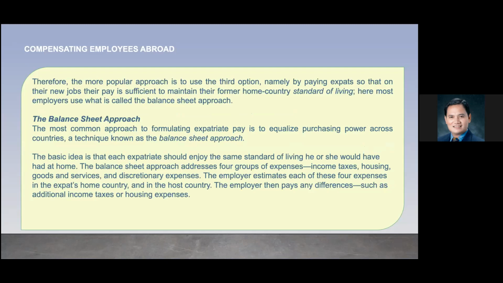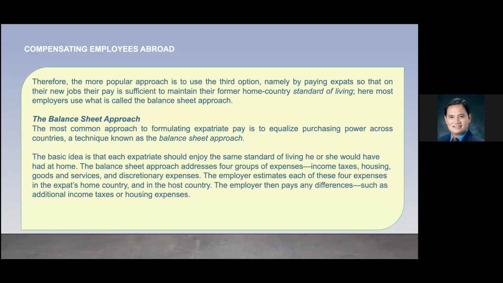Therefore, the more popular approach is to use the third option, namely paying expats so that on their new jobs, their pay is sufficient to maintain their former home country's standard of living. Here, most employers use what is called the balance sheet approach. It is the most common approach to formulating expatriate pay by equalizing the purchasing power across countries.